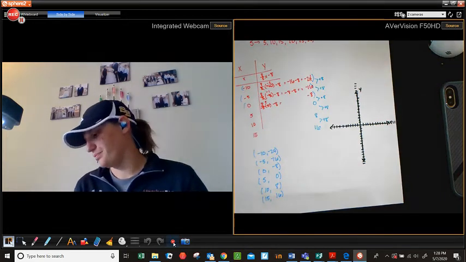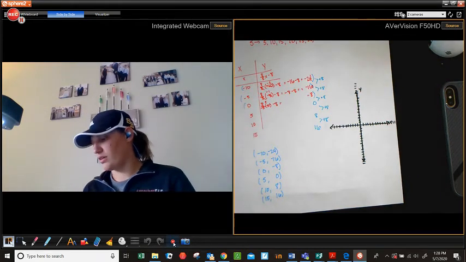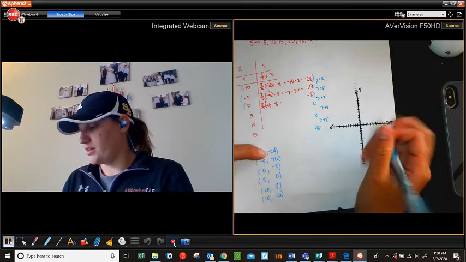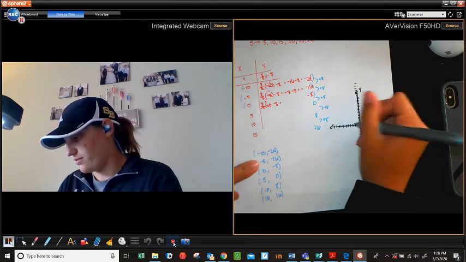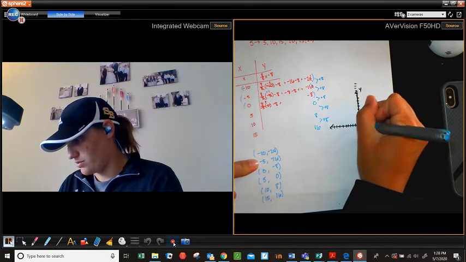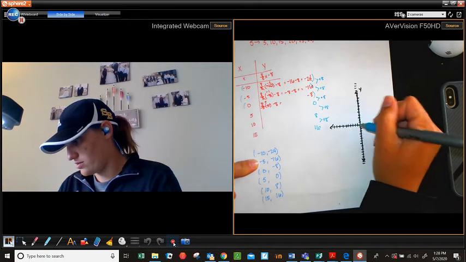Alright, let's graph. So negative 10, negative 24 would be like way down here. Negative 5, negative 16. 1, 2, 3, 4, 5.